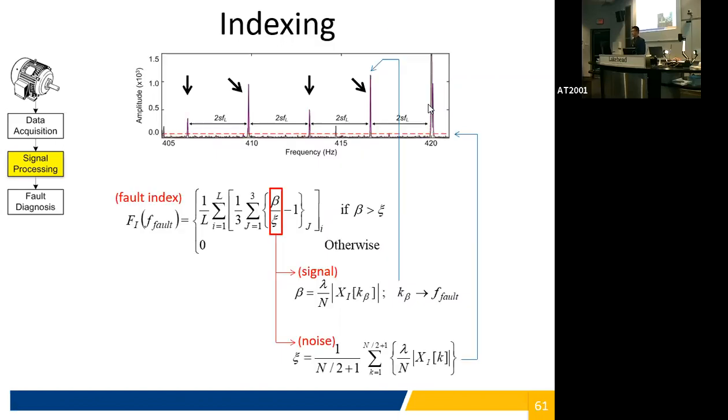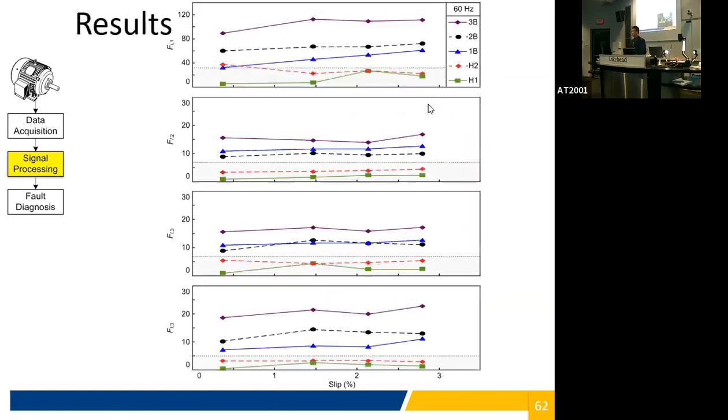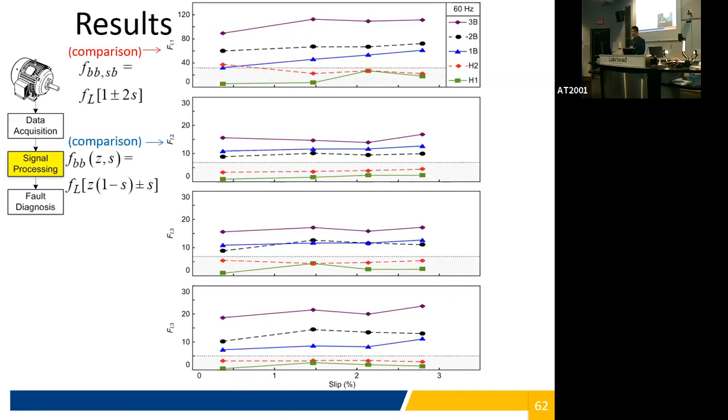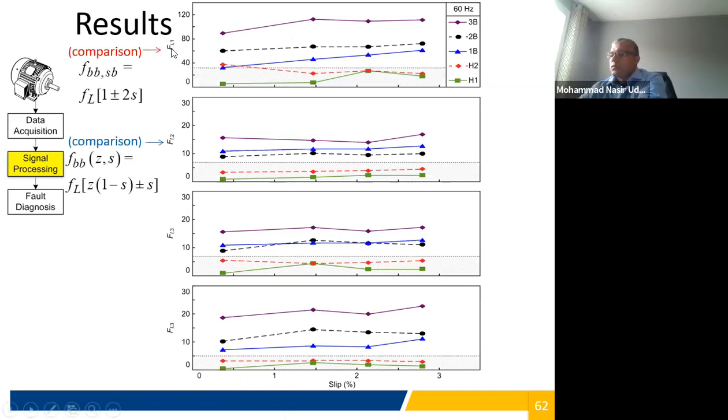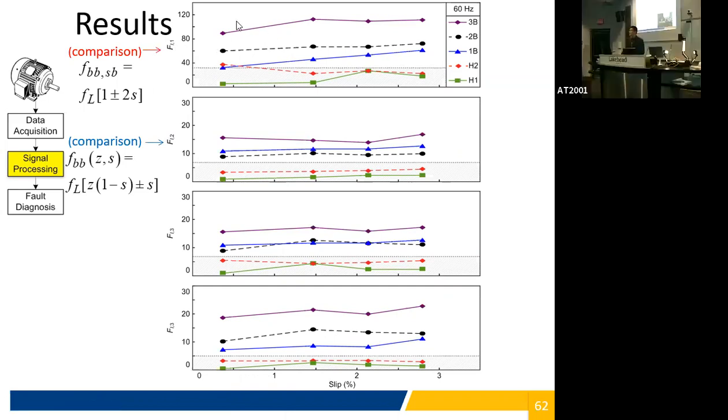So the results of that fault index look like this. We have fault index 1, 2, and 3 with respect to the slip, which is speed or loading condition related. This is based on the sideband analysis, where I created fault indexes for it.